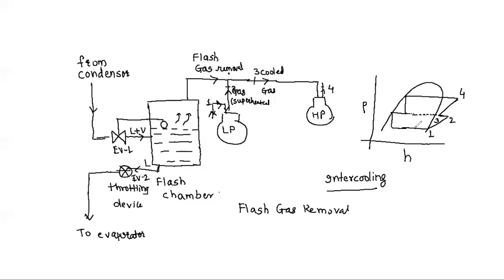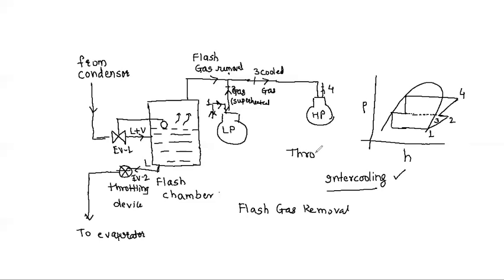This arrangement achieves two things. One is it achieves the intercooling and all the associated advantages of intercooling, and it also prevents what is known as the throttling losses. Okay, what are the throttling losses? We had mentioned the throttling losses. So this arrangement achieves intercooling and prevents the throttling losses.